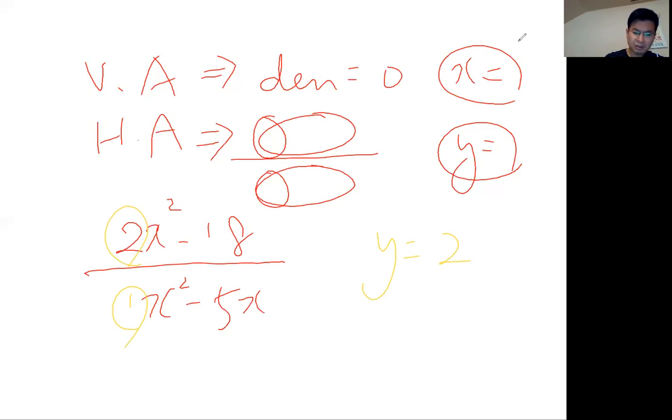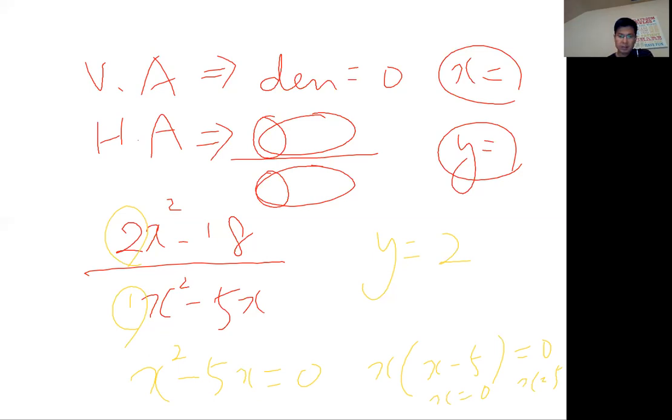If they ask you about the same equation but about the vertical asymptote, then you're supposed to set x squared minus 5x equal to 0, which is x times x minus 5. Then you can find x equal to 0 or x equal to 5. These two lines.